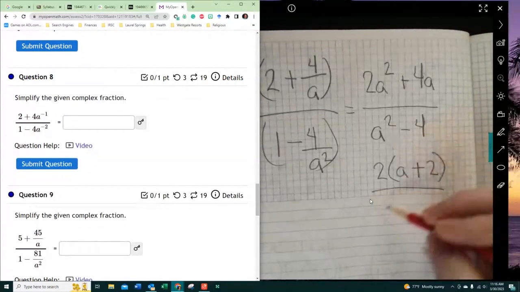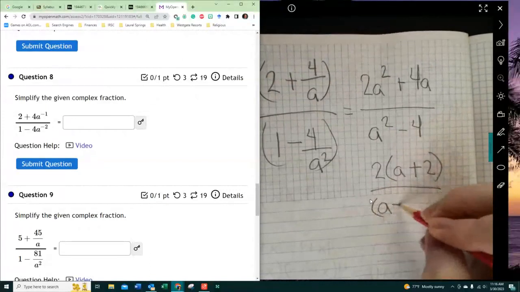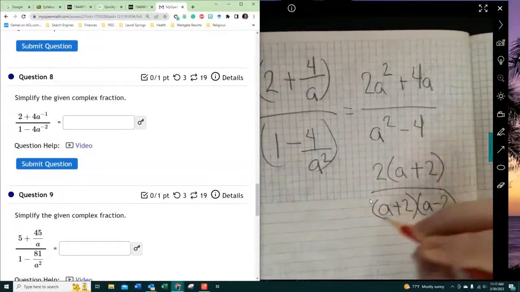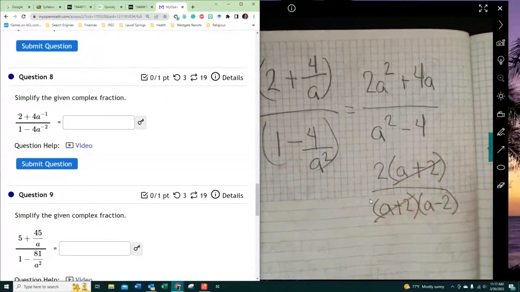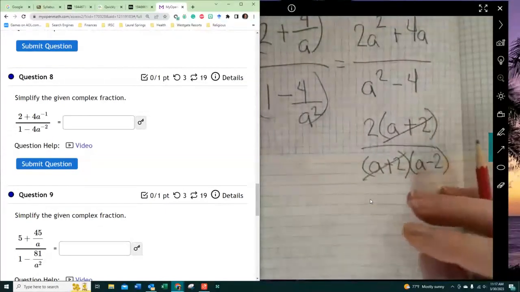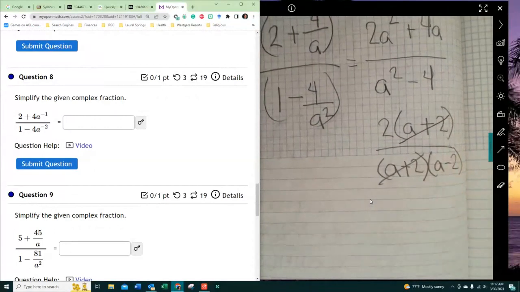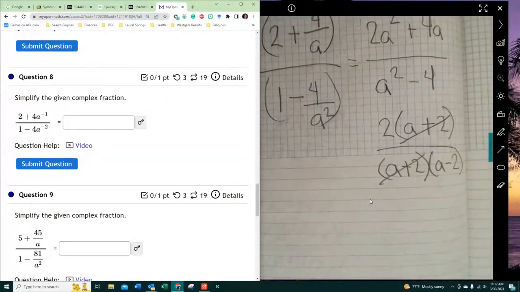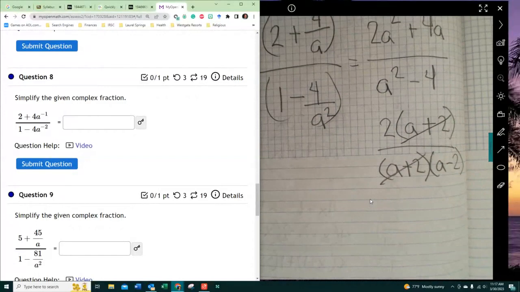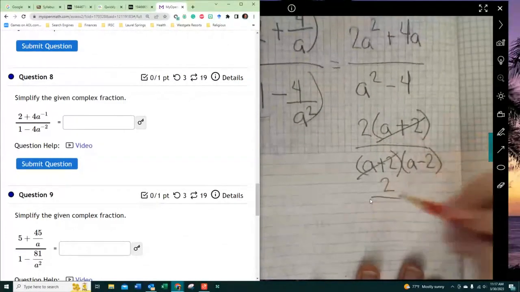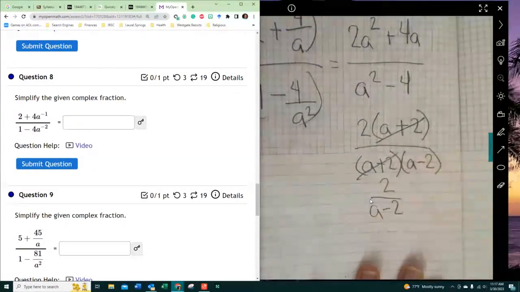And then I go ahead and factor this out, and I'm going to get a plus 2, a minus 2, and I see that these two can cancel each other, which is why I saw that it was going to be able to be scratched. So we still are applying ideas of what we've done in the past where we factor to simplify. So we're going to have 2 over a minus 2.